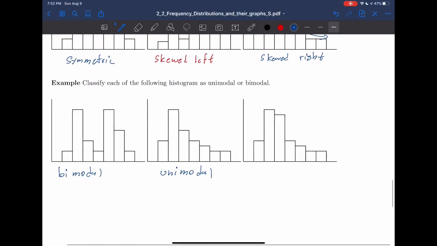And finally, this histogram, you may think it's unimodal, but these 2 peaks are significantly taller than any of the other peaks. So this is bimodal.